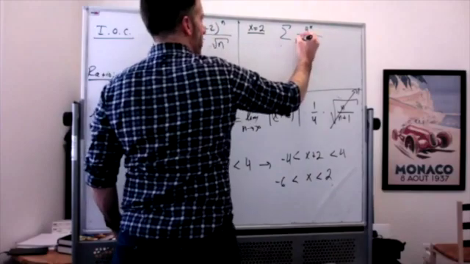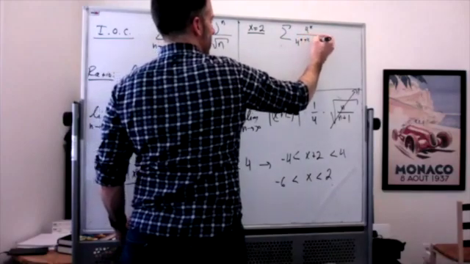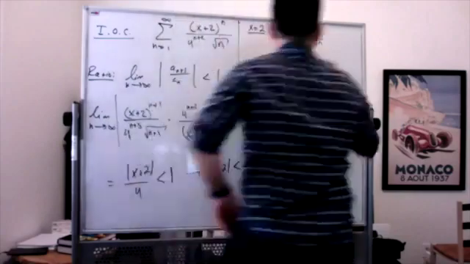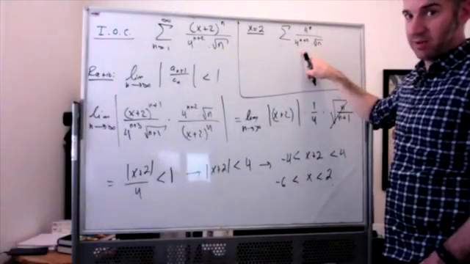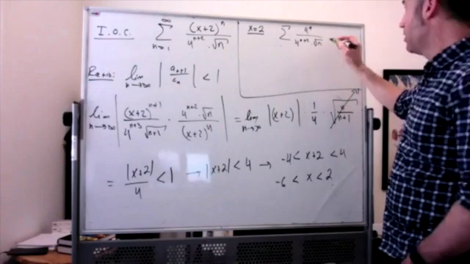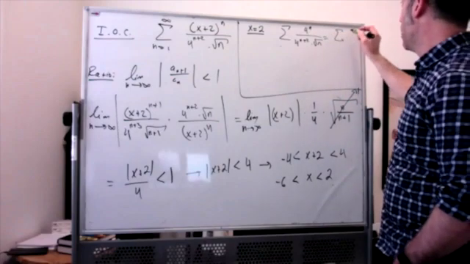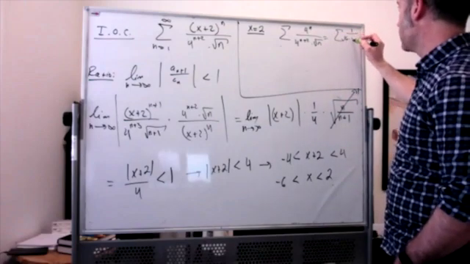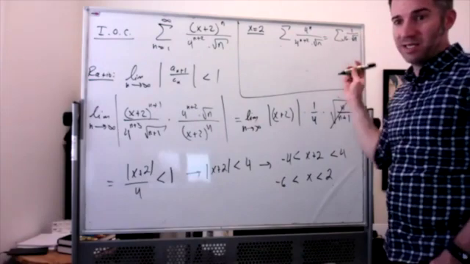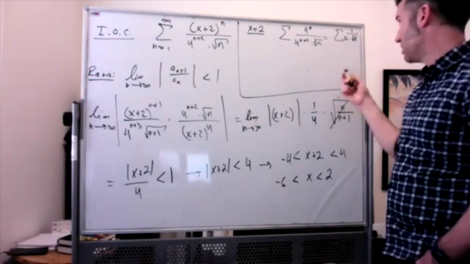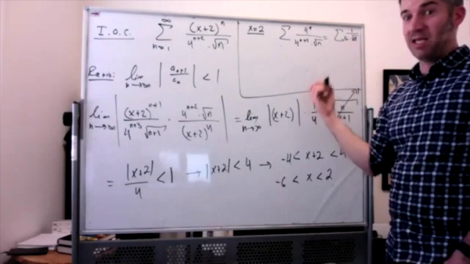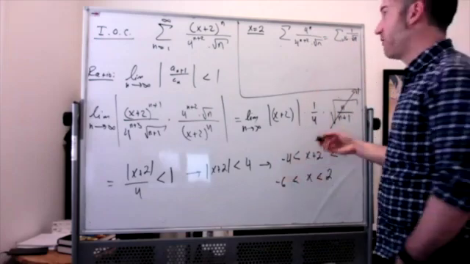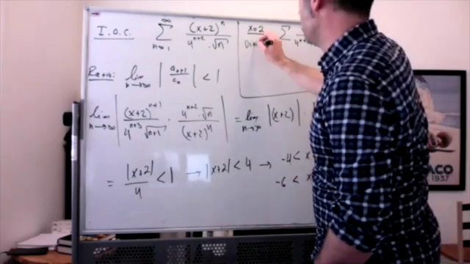The 4 to the n over 4 to the n plus 2, we can cancel out the 4 to the n's, and I'm left with a 4 squared in the denominator, which is equal to the sum of 1 over 4 squared times the square root of n. That 1/16 doesn't really matter, but the 1 over root n is divergent. It's a p-series with p equal to 1/2. So this diverges when x is equal to 2.